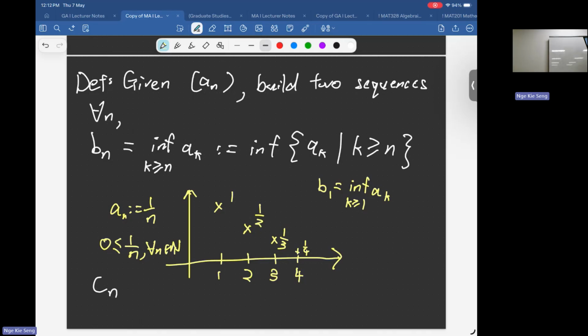How do you show it? You need to show by definition that any number that's greater than 0 is not a lower bound.